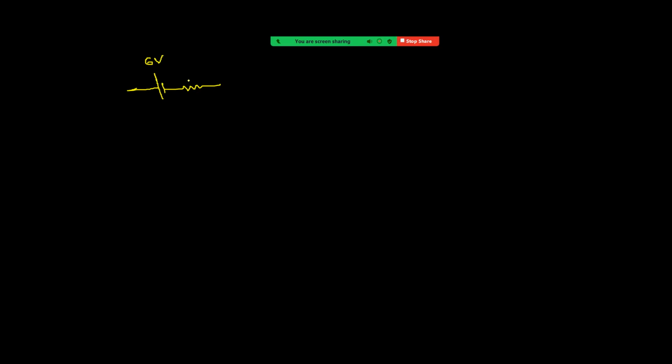Suppose this is 6 volt and its resistance is 1 ohm. Connect to one load resistor, its value 2 ohm. So in this we can calculate current directly, that is I equal to 6 by 1 plus 2. It is now 2 ampere.